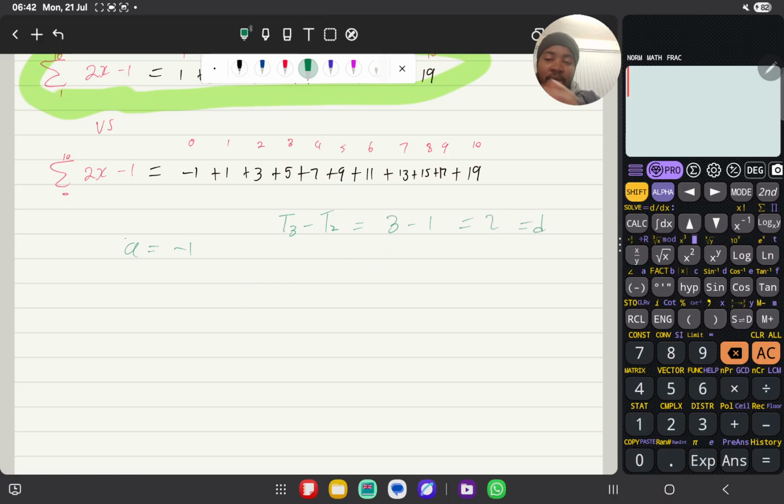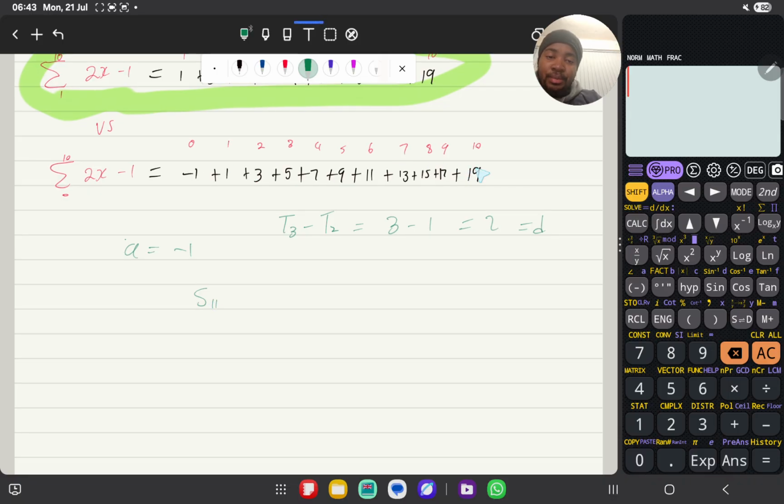So then I would say that Sn, or as that will be S11 actually, if I count all the numbers in.